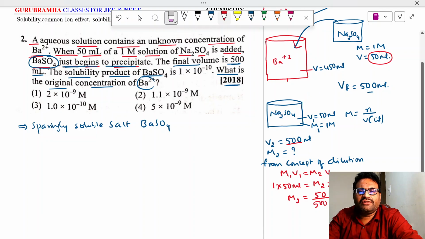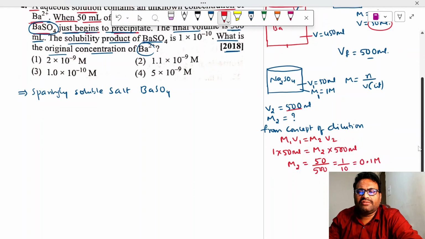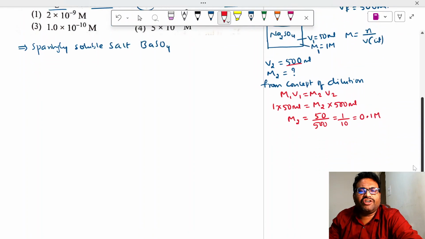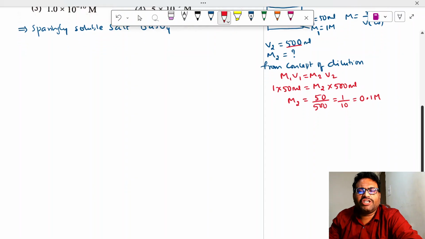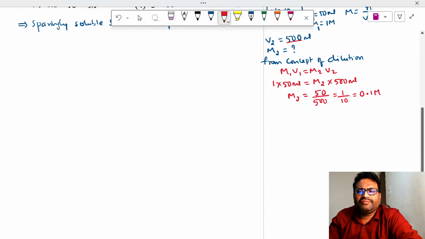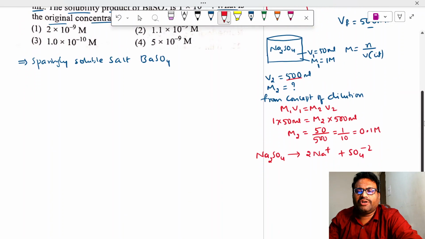So what will be the concentration of SO4 then? We know that Na2SO4 dissociates completely to form 2Na+ and SO4-2.